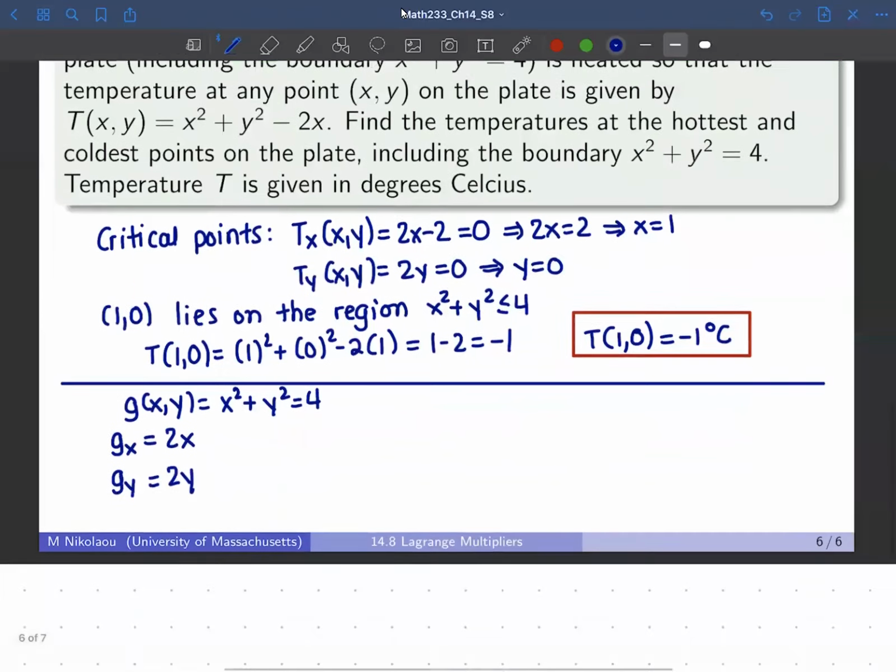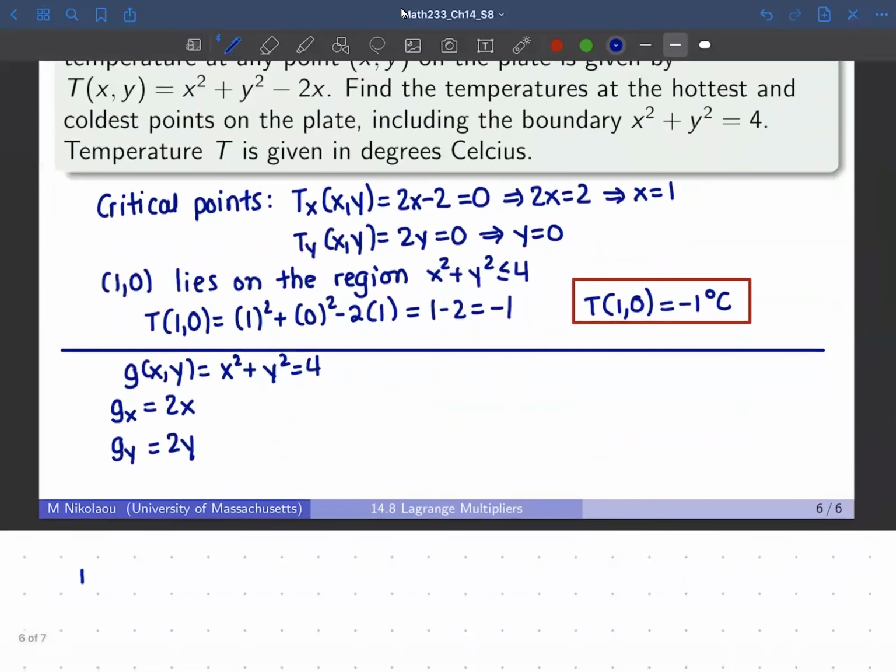So setting up the three equations, first Tx is equal to lambda times Gx, which gives us 2x minus 2 is equal to lambda times 2 times x.